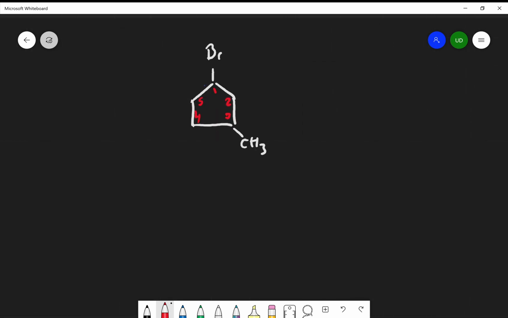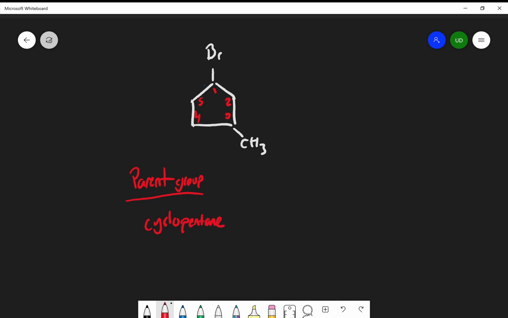Now that we got our numbering system in place, you already know what the parent group is for this. Parent group would be pentane, cyclo. Remember to put the cyclo first. So it'd be cyclopentane.